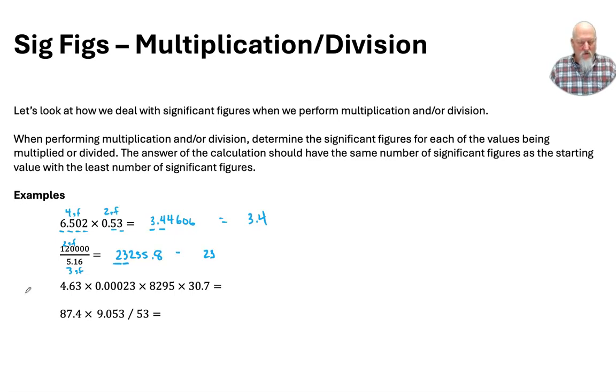Okay, so what we do when we only want two significant figures, but we want the number to be larger than just 23, we want it to be 23,000, we add zeros until we get to the decimal, or where the decimal would be. So 23,000 still has the same scale, it's the same size as the number we had, except now it only has two significant figures because those trailing zeros don't count, right?